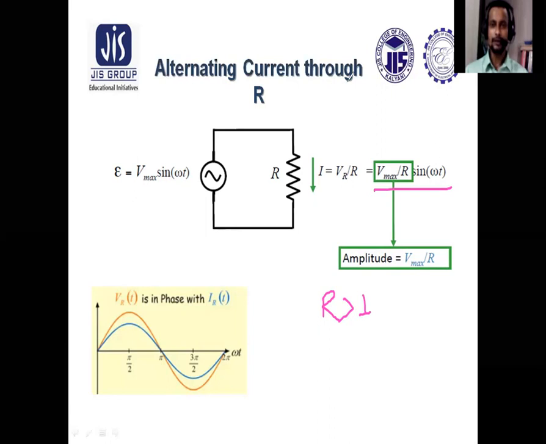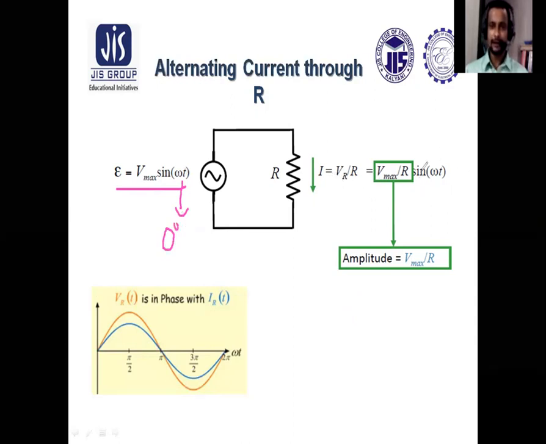Now the question is, why are voltage and current both starting at the same point, both getting zero at the same time, both at positive peak at the same time, both at negative peak at the same time? Why is this happening? This is because for this supply voltage, the phase angle is 0 degree.